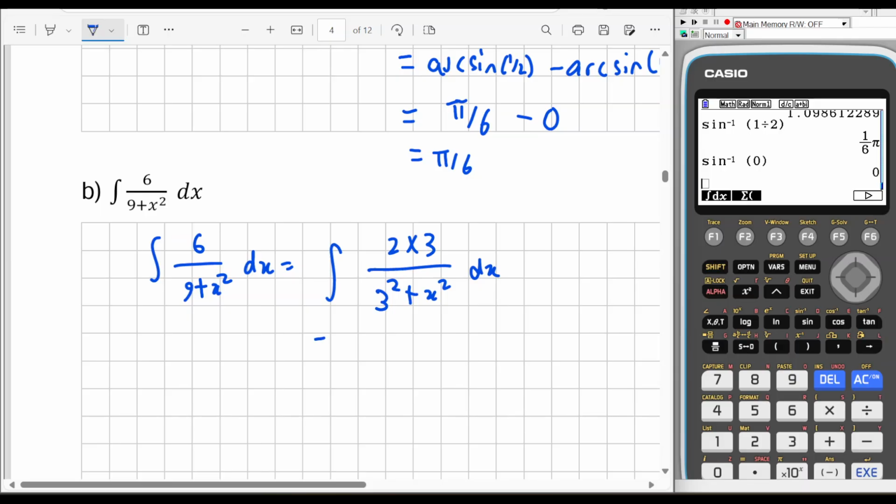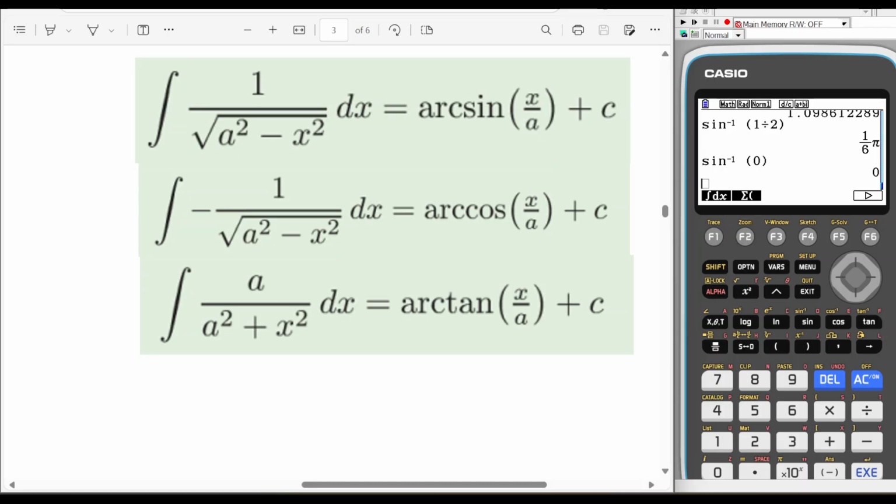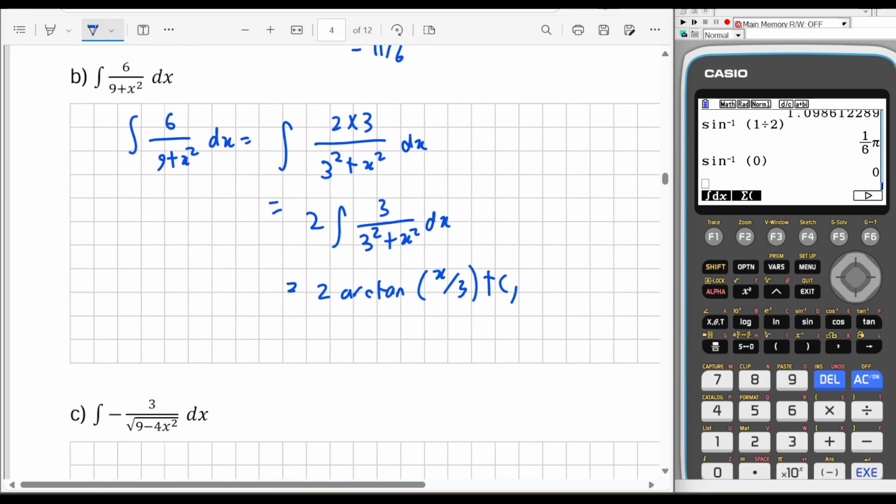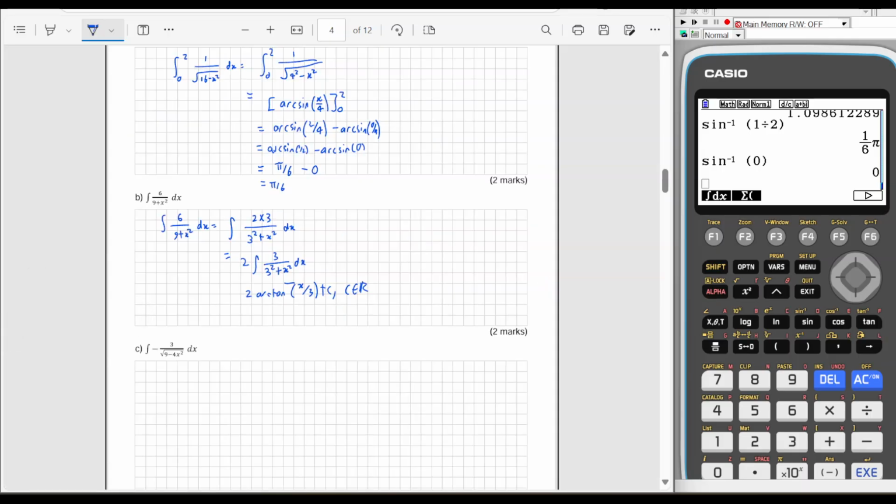Now, the reason I write it like that is I can pull the 2 out the front of the integral, and now this looks like what the arctan one was supposed to look like. 3 on the top, 3 squared on the bottom. That's a and a squared. So this is 2 arctan x over 3 plus c, and c is a real number. Wonderful stuff. Okay.